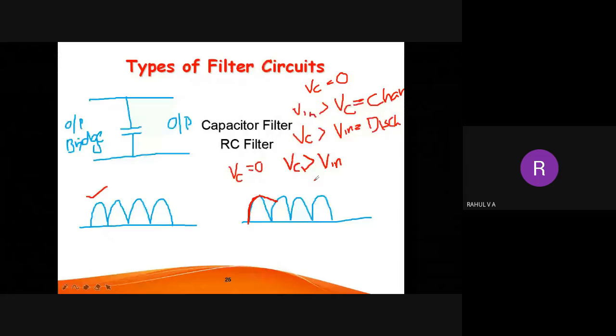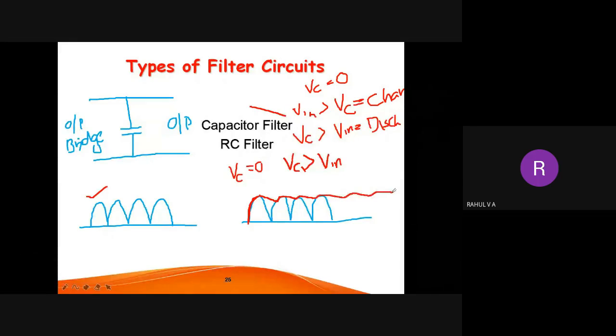And Vin increases to peak value. So again Vin is greater than Vc, and the capacitor will charge. After reaching peak value, it will discharge slowly, and again it will charge. Again, after reaching peak value, it will discharge, and it will keep on like this.